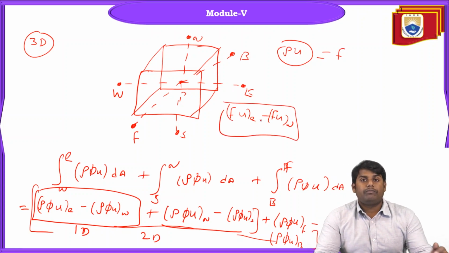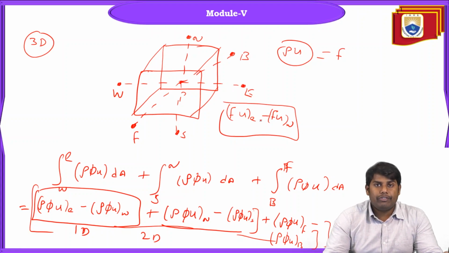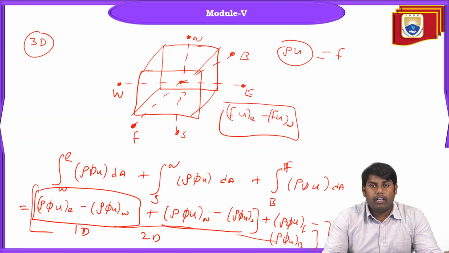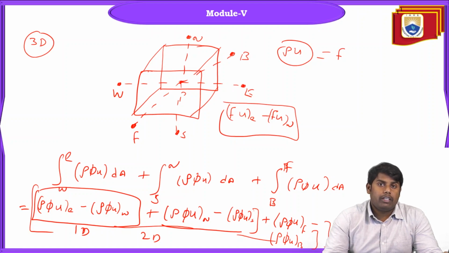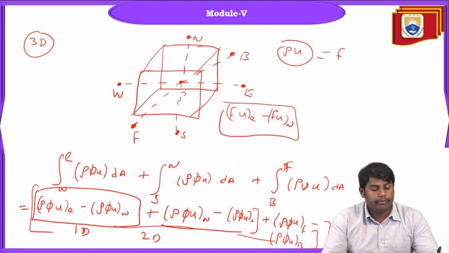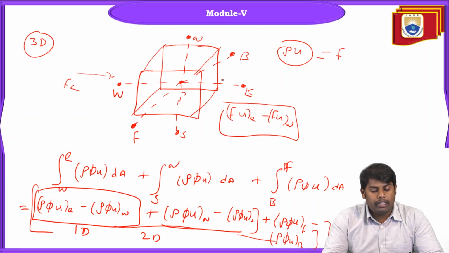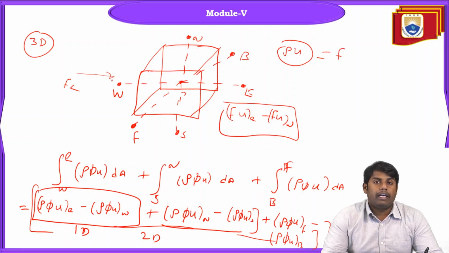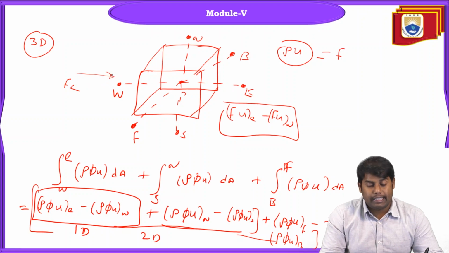Now, in the next sessions we will see in which direction the flux is coming and how the equation gets an added advantage. Let's say we have the flow coming from left to right, or from the right, what happens to the relative velocity, how does it change? How do the convection and diffusion parameters change?